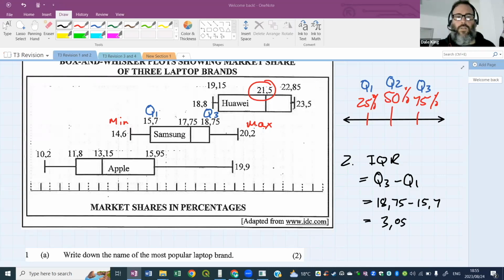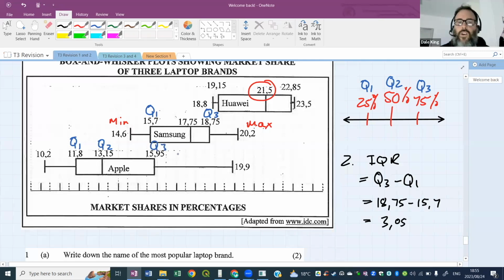All right, I wouldn't have put 16%. I would have changed the number. So we know that Q1 is the first 25% of the data, Q2 is 50% of the data, and Q3 is 75% of the data. So 15,95 is on 75%. They're saying that 75% is below 16.